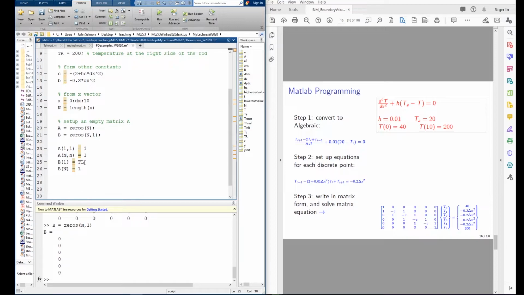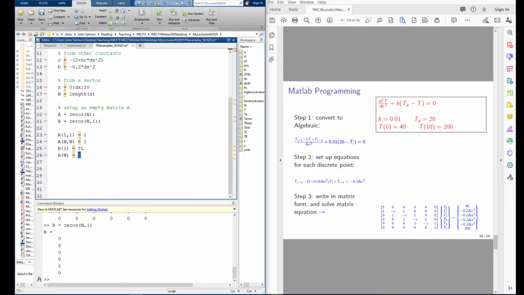And this one right here is going to be temperature on the far right. Okay, so what we've done here is that we've defined 4 numbers inside this A matrix, here, here, and B matrix, or rather B side vector right here and right here. All right, so these are known quantities.